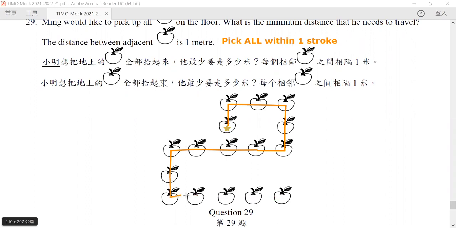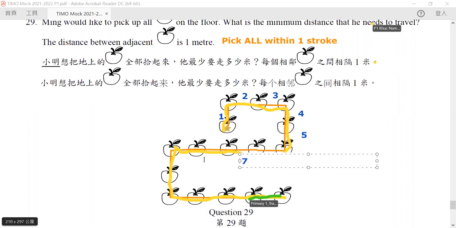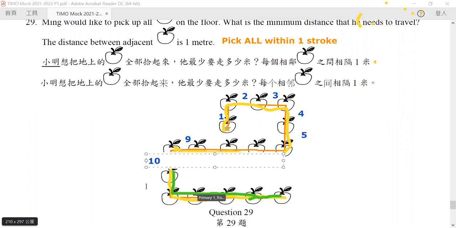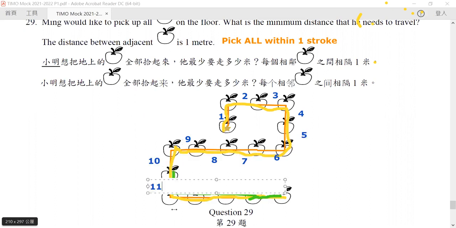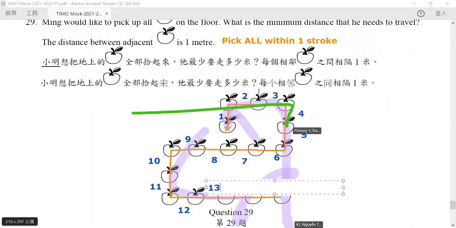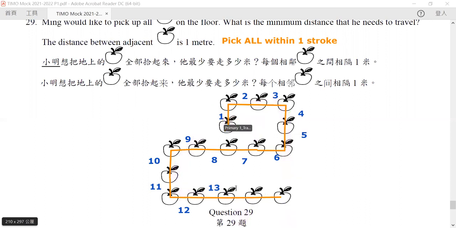So we will keep on packing it until our final apple. Okay. Now remember, we need to count how many lines are here. How many lines are here? So this would be 1, 2, 3, 4, 5, 6, 7, 8, 9, 10, 11, 12, 13, 14, and finally 15.